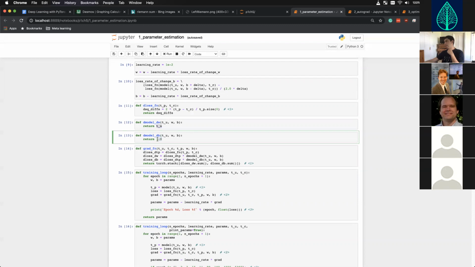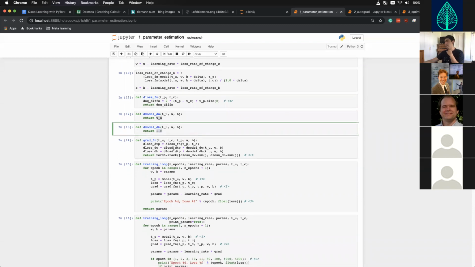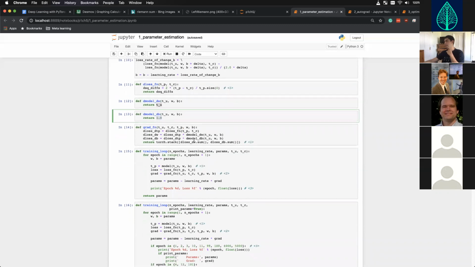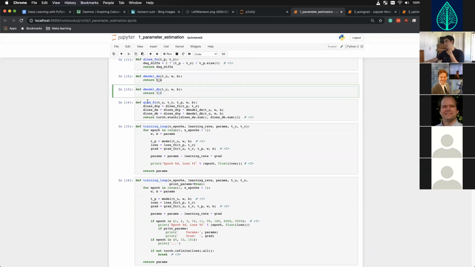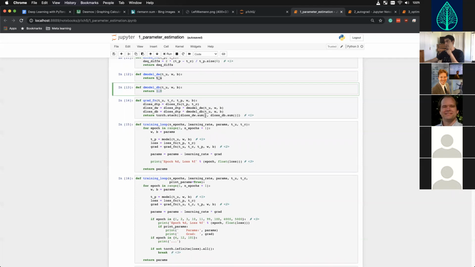And then the bias ends up just being 1 because it's a constant, so it doesn't actually have any true gradient to pass in. And then this is putting it all together. This is the gradient of all of the different pieces, and they're stacking it up and summing it because we're doing it across multiple data points.